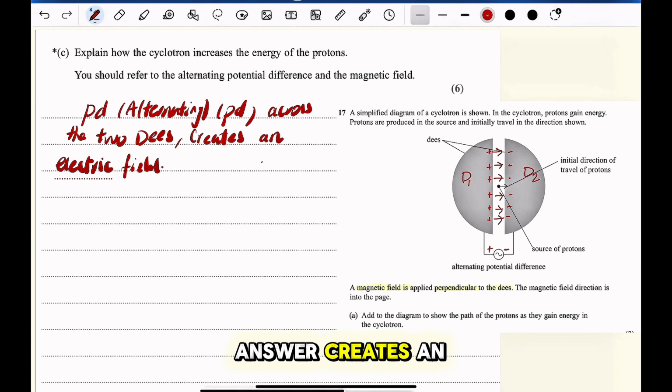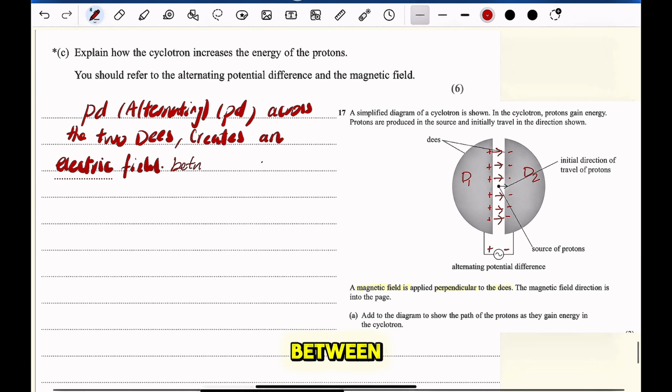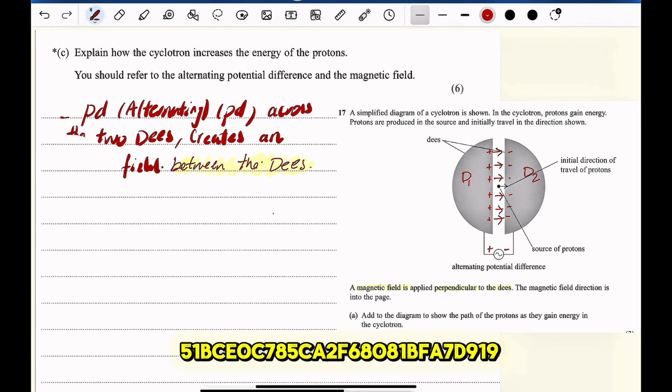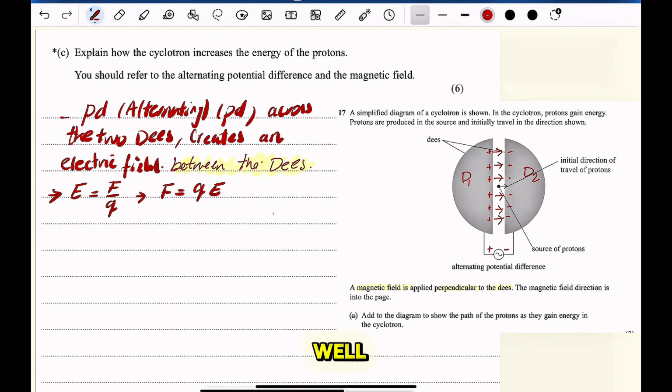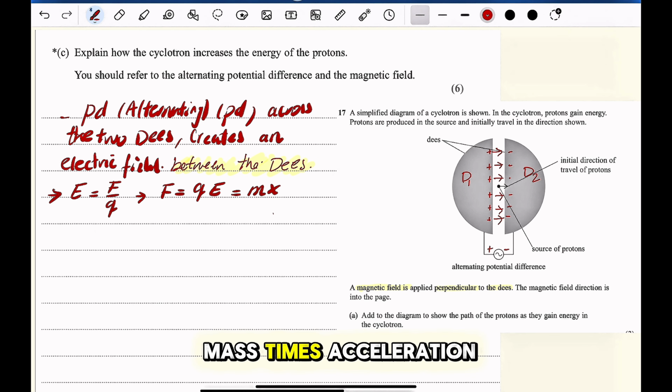Back to the answer: it creates an electric field between the Ds. For the second point, once we have the electric field, which is E equals the force divided by the charge, the charge of a proton, there is a force here, which is Q times E. And as you know, we have Newton's second law as well, and I'm dealing with a proton, so force equals mass times acceleration.